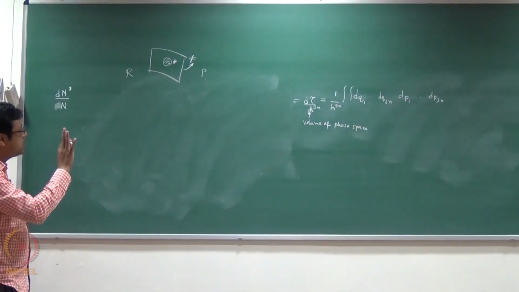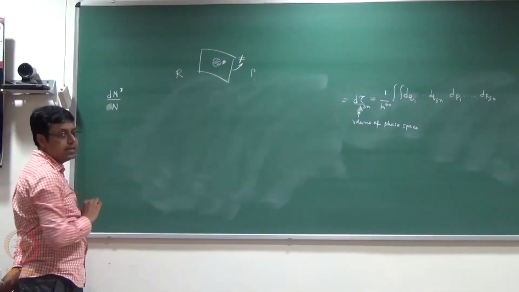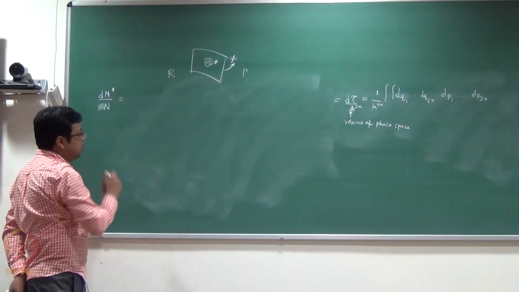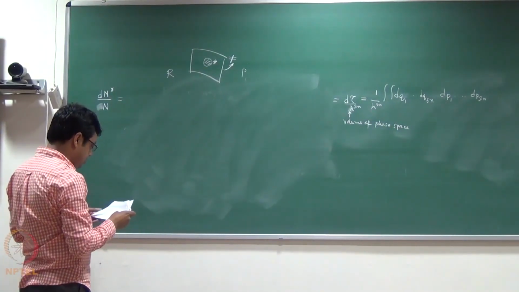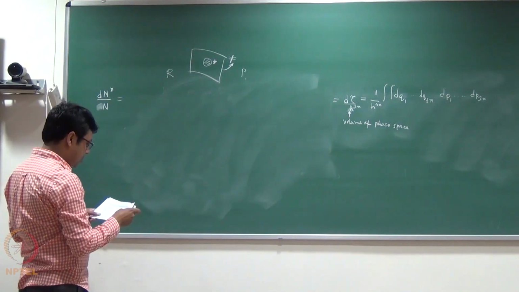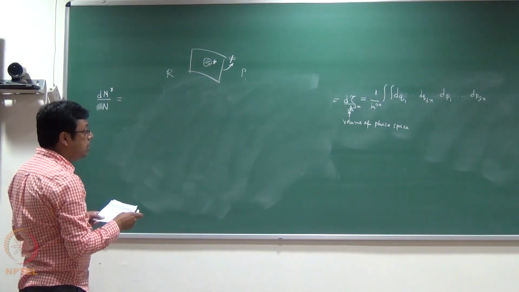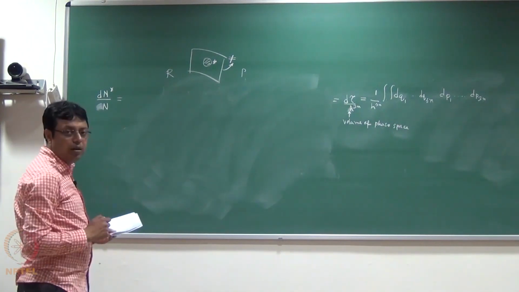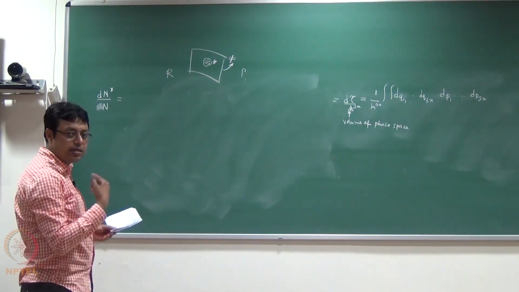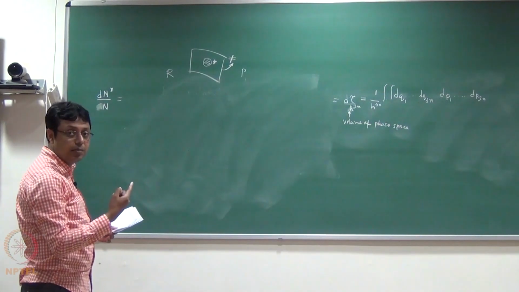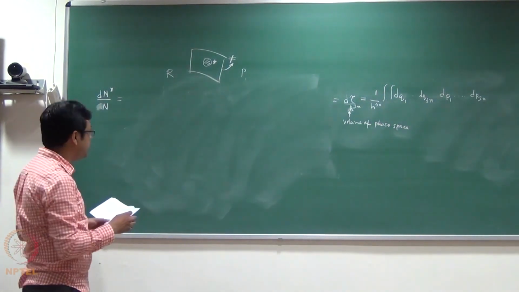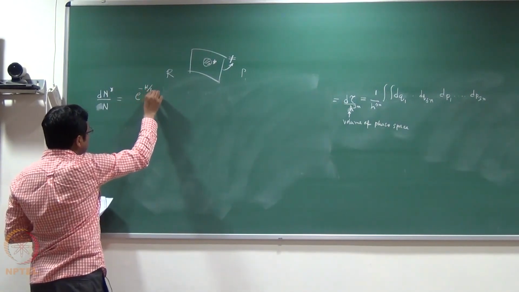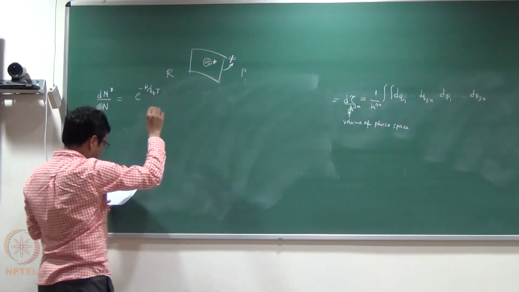Now let us first calculate this probability, dn star by n. According to classical statistical mechanics, we can give you a handout on this. It says that I should take the Boltzmann factor.